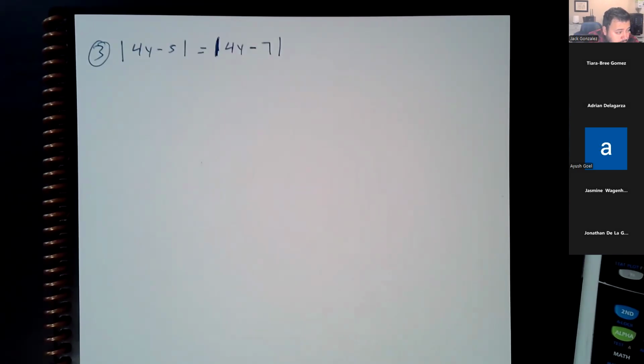Okay, so this is property what? If you look at the very top of the properties, which one is this? If you have two absolute values equal to each other, what do we do?